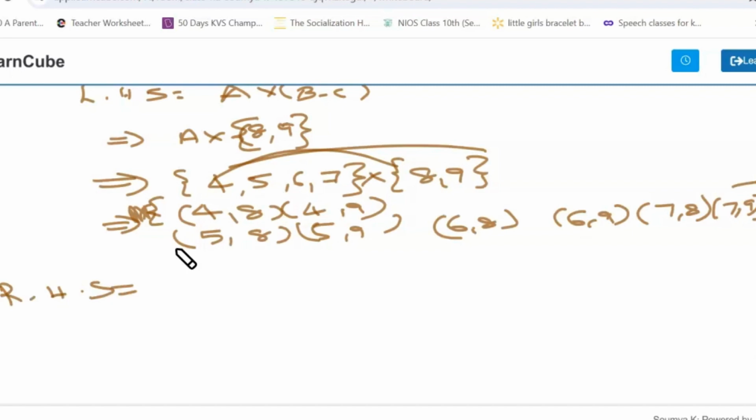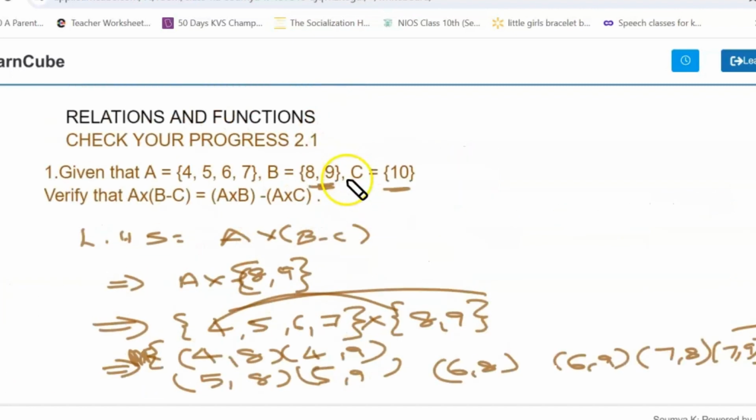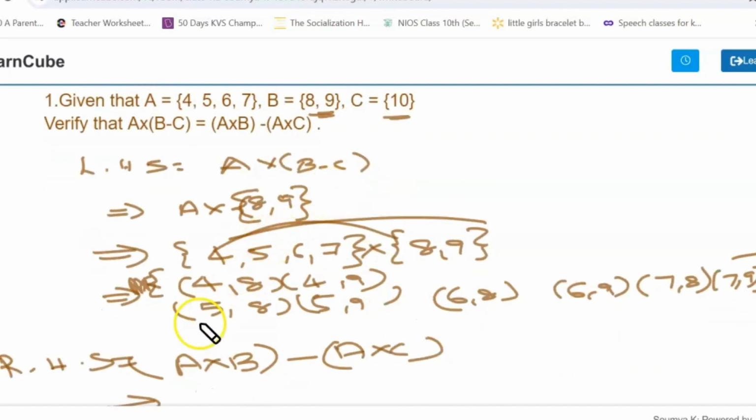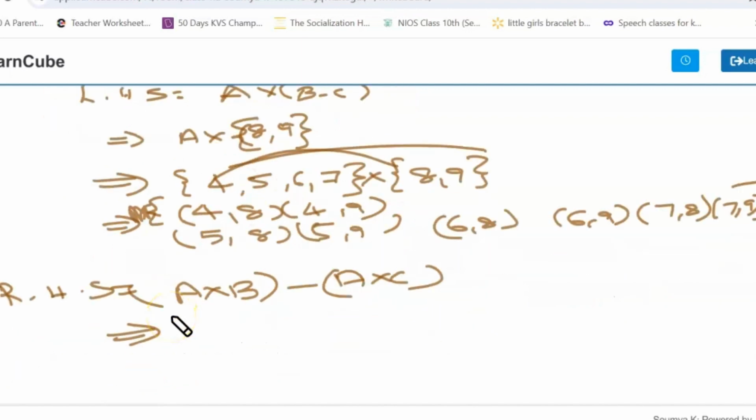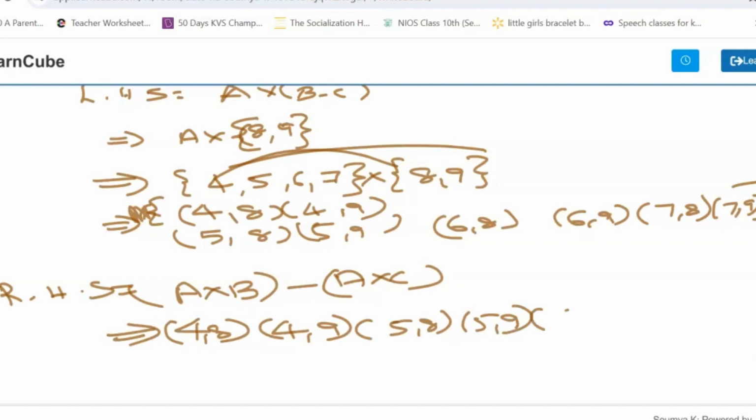The right hand side has (A cross B) minus (A cross C). So let's check what this A cross B is. A cross B has the same elements that we just did: (4, 8), (4, 9), (5, 8), (5, 9), and so on.